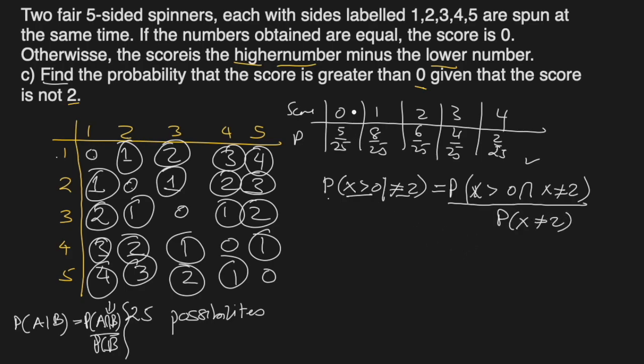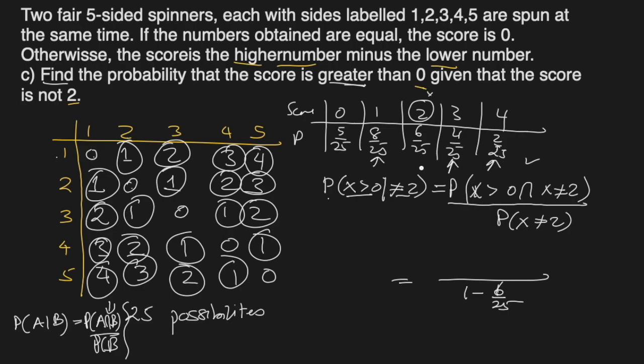X is not equal to 2. Let me write here. Not 2. That means this is not the case. Then 6 over 25 will be subtracted from total 1. 1 minus 6 over 25. We got our denominator. Now the cases where it is more than 0 and x is not equal to 2 will be these three: 1, 3 and 4.